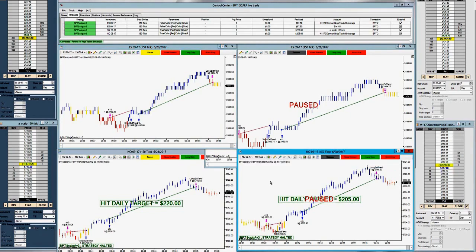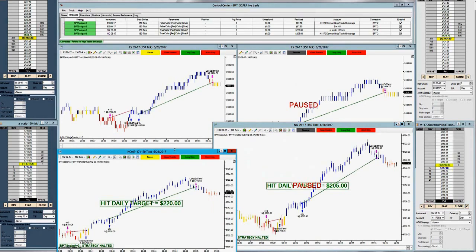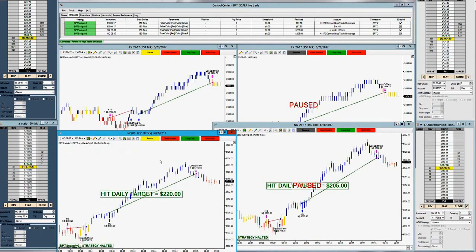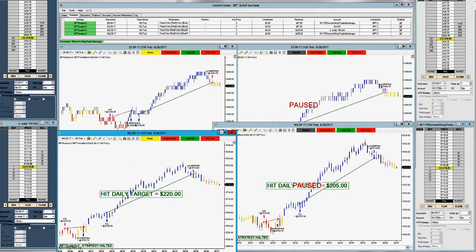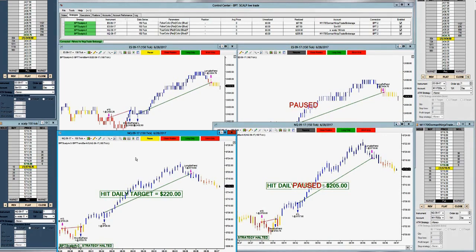And then on the second one, we have 3 ticks difference on 2 trades. So we have one losing trade and one winning trade, and you can see that on the 2 trades we had 3 ticks difference, and this is not bad at all. 220 and 205, and then the ES.